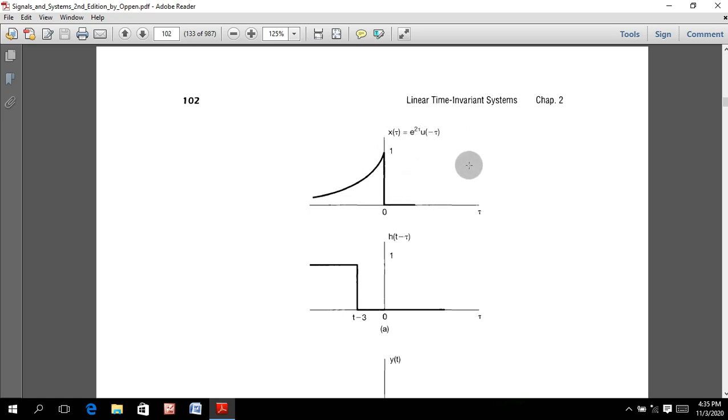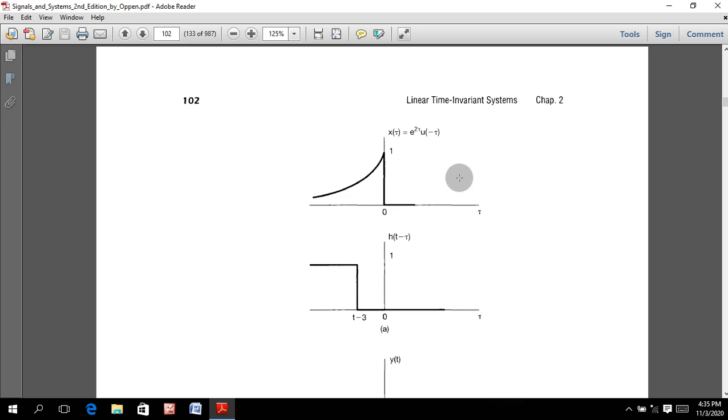No non-zero elements will be found when we put t as positive. If we put t equal to plus 1, plus 2, plus 3, we will find u function of minus 1, u function of minus 2, u function of minus 3. So we are not going to find any non-zero elements, right? All the elements at the right side of the signal are 0.